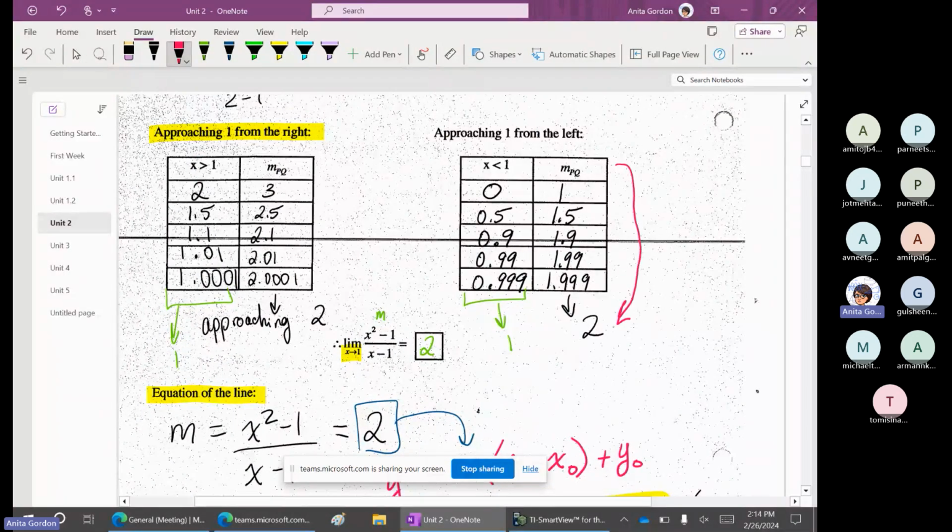What is it approaching? And as long as the numbers from the left and the right, the ones that are slightly smaller and slightly bigger, are aligned, we can see that they are both approaching 2. We can say then the slope at that point is 2. We will get more and more accurate ways of doing this. This is an intro to the theory behind how tangent lines are calculated.